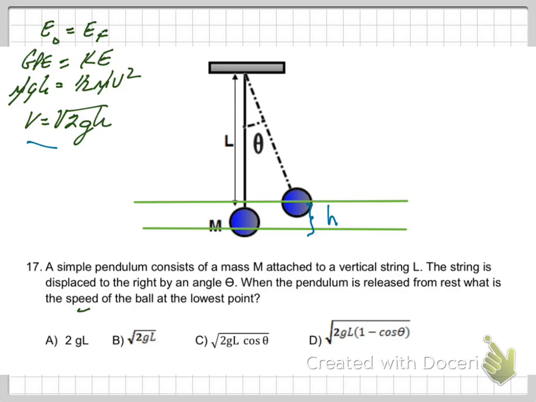So we know that the string is length L, and the string is not going to change its length when we're up here, at full swing.